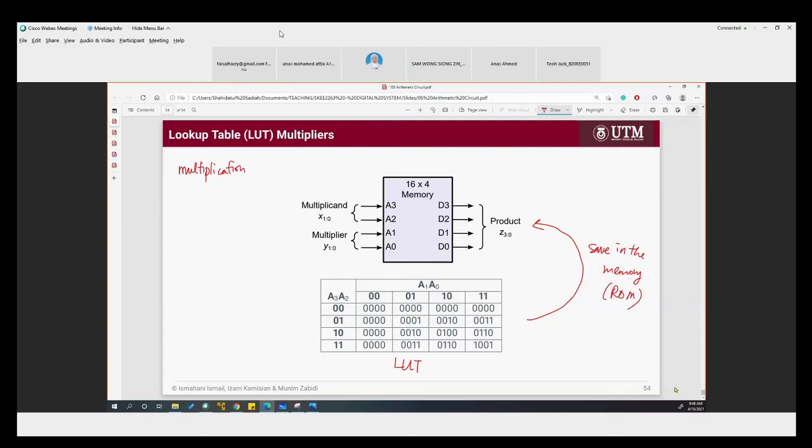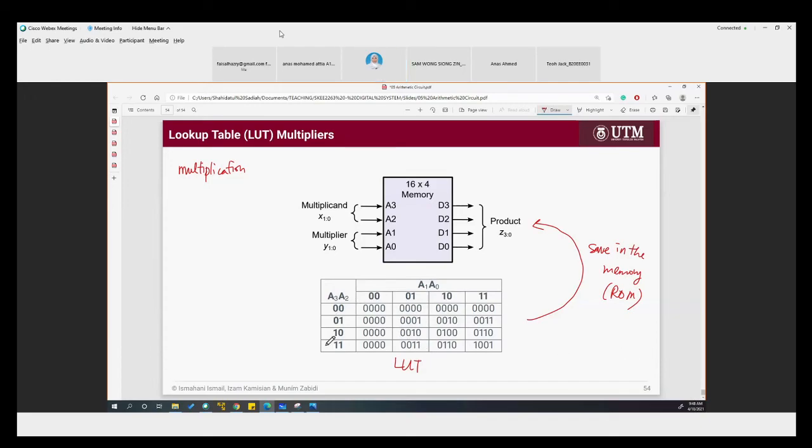If this is a 16 by 4 memory, you can have a 2-bit multiplicand and a 2-bit multiplier, and then the product will be 4 bits.